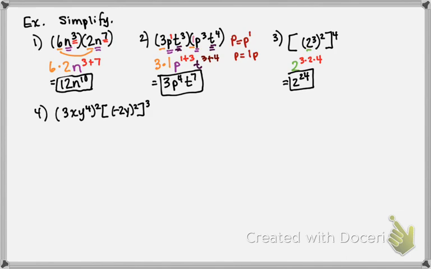So I'm going to do the first guy. Let's take that 3. Now 3, which by the way has an exponent of 1, we're going to raise it to the power. Because remember how we said that when raising a power with coefficients to a power, raise the coefficient to the power as well. So we're going to do 1 times 2. And then we're going to have x. And guess what?